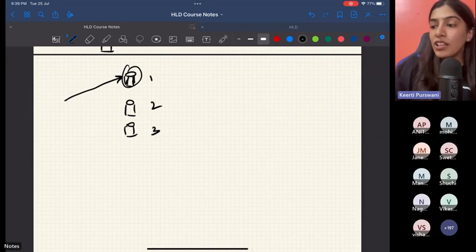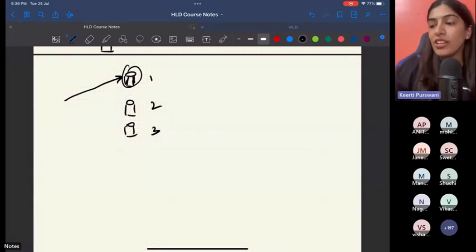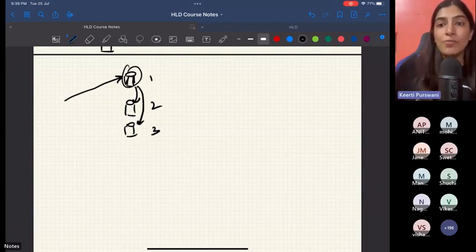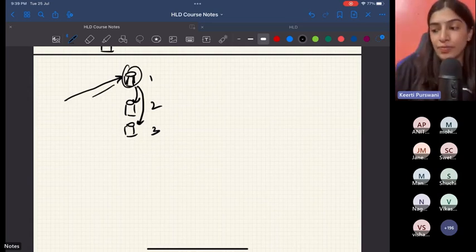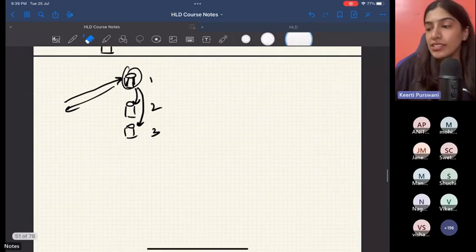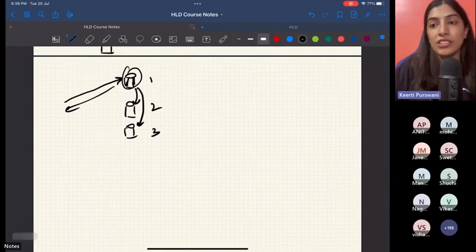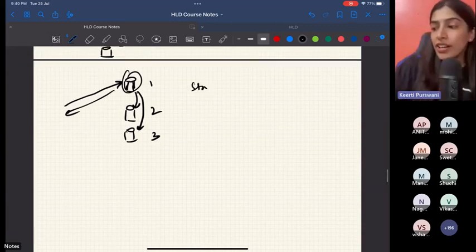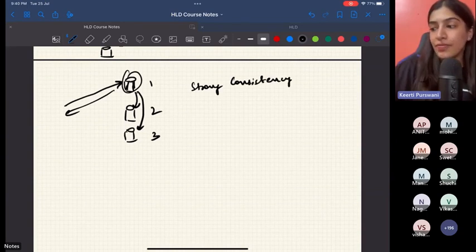Now, before even acknowledging that the write request is completed, this database will tell databases 2 and 3 to go update to the updated value right now, before I finish my write operation. If this synchronization is not possible, there are multiple ways to handle it. Probably it can say that failure has happened, the write is not successful, and the others will also roll back to the last value. This is to make sure that the system is strongly consistent.